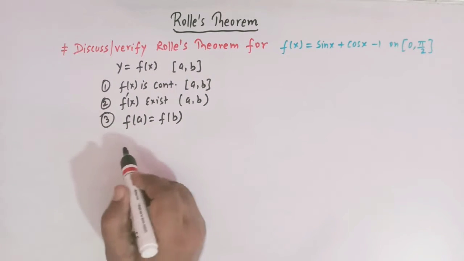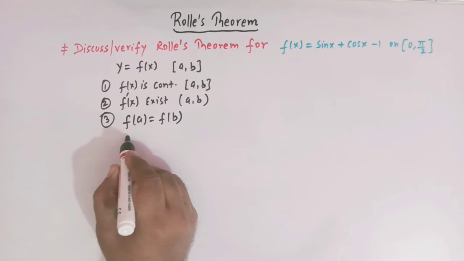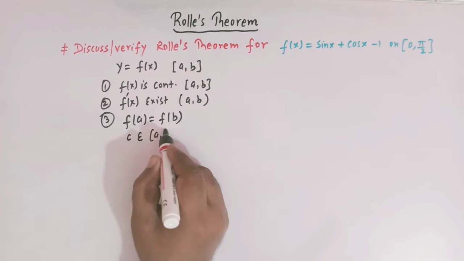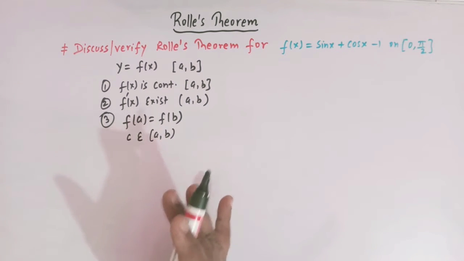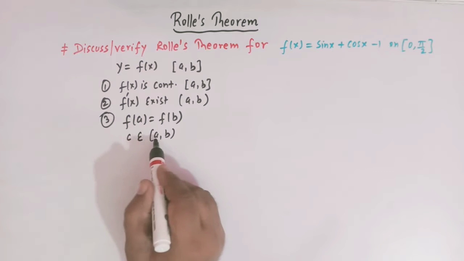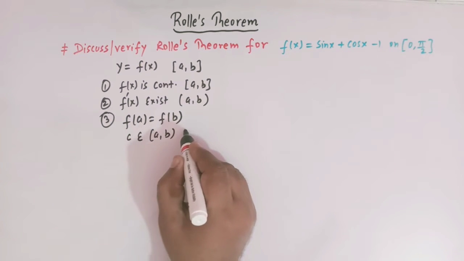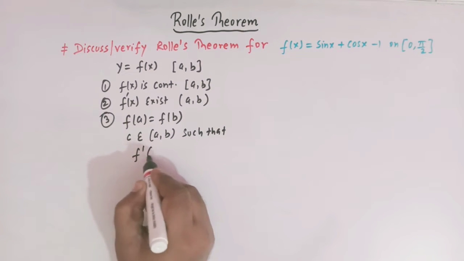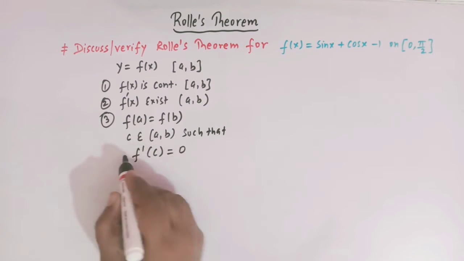Then Rolle's theorem says that there must exist at least one point c between a and b, such that f prime of c is equal to 0.